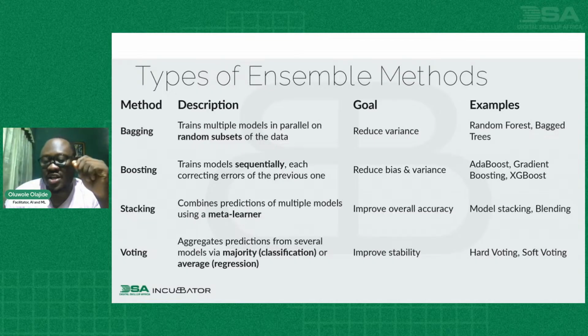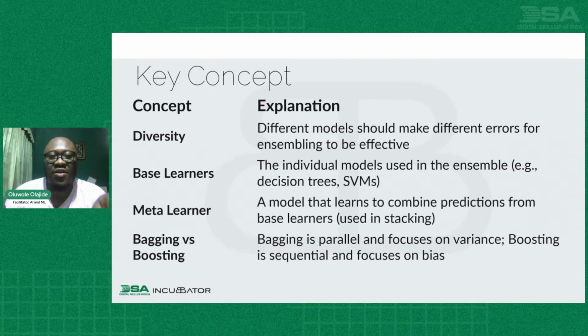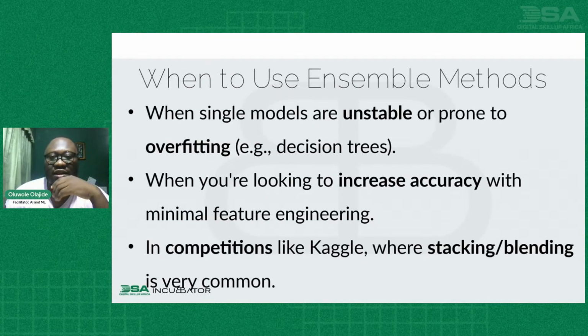If you want to use those models, you must be convinced that your data set is viable enough for you to be able to use those models. Have you tested single models before you used them? Those are the questions I will ask you, so that will be for you to prove to me in your project.